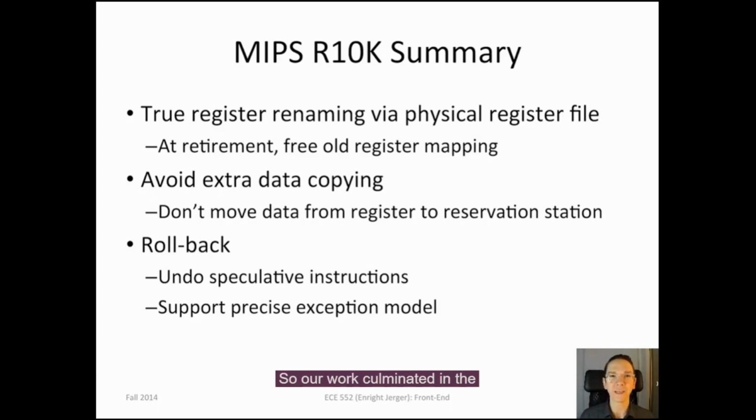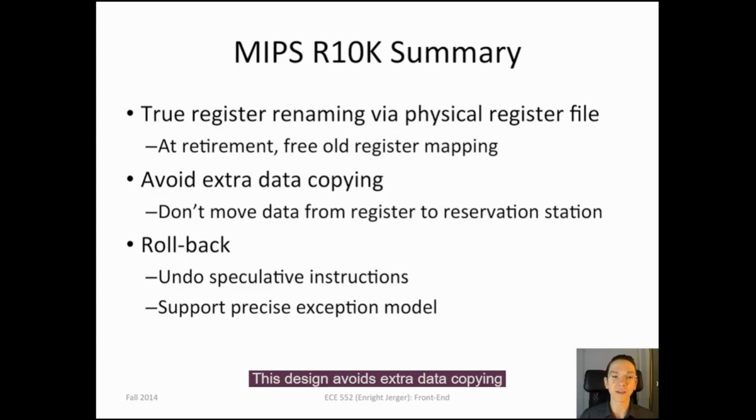So our work culminated in the MIPS R10K microarchitecture, which used true register renaming, providing more locations than there are register names through a physical register file. For every dispatched instruction, we tracked both the new output location and the old, and at retirement, we could free the old register mapping.